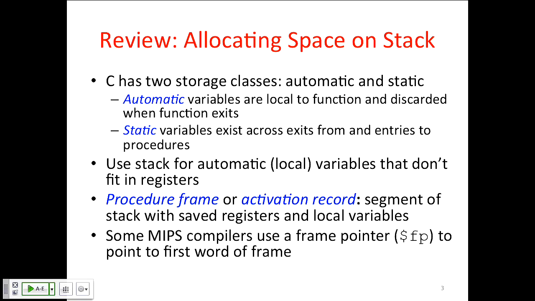And you usually don't need it because the stack frames are usually a constant size. So you can just add to the stack pointer, then subtract from it to get back to where you started. But sometimes if you allocate variable-sized arrays on the stack, you also need the frame pointer to know where you came from. And MIPS has a different register allocated to the frame pointer, $FP, to point to the first word of the frame.